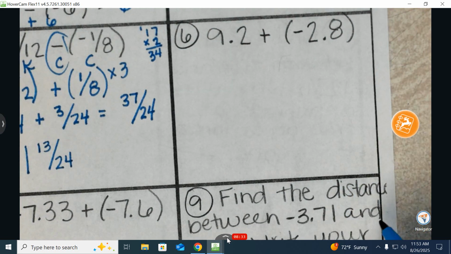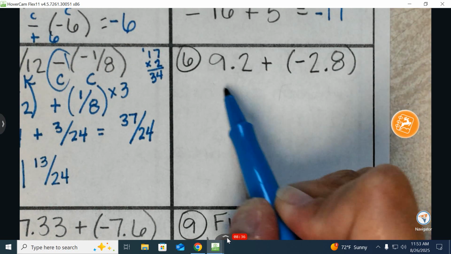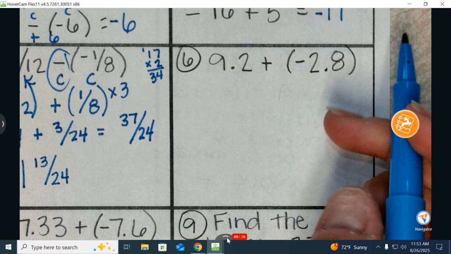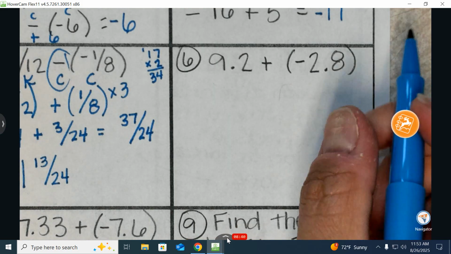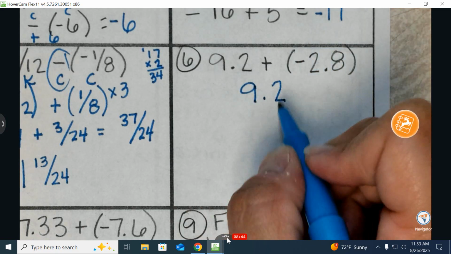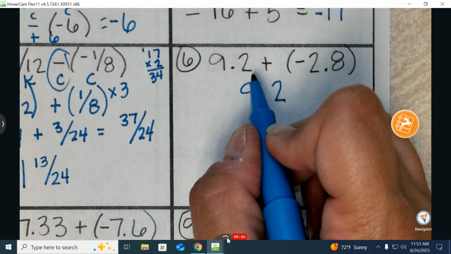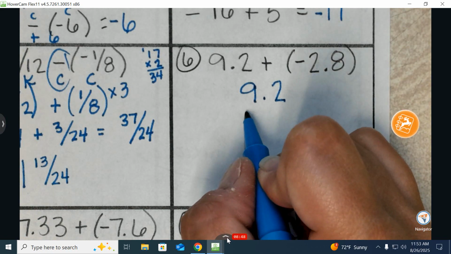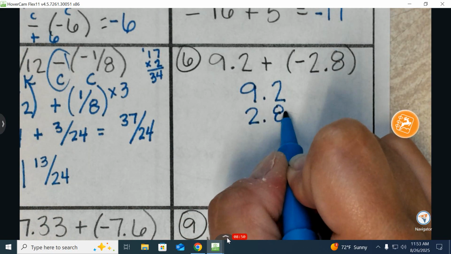Number 6, adding with different signs, so that means I actually subtract. Remember that when you are subtracting, you put the larger number on top and you line up the decimals if there's decimals.